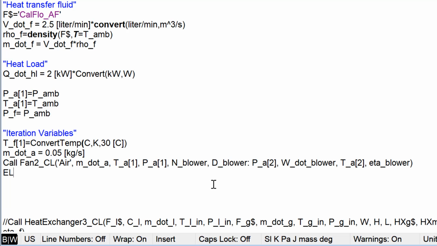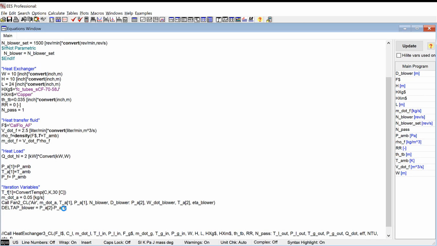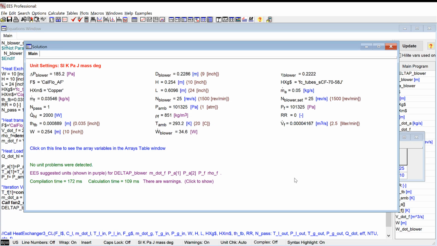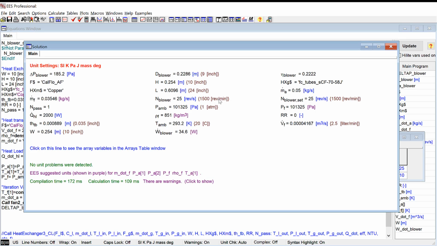So this will allow me to calculate the pressure drop across the blower. That's not pressure drop, sorry, pressure rise across the blower, PA2 minus PA1. And I should probably go ahead and solve that and make sure it works. So yeah, 185.2 Pascal.